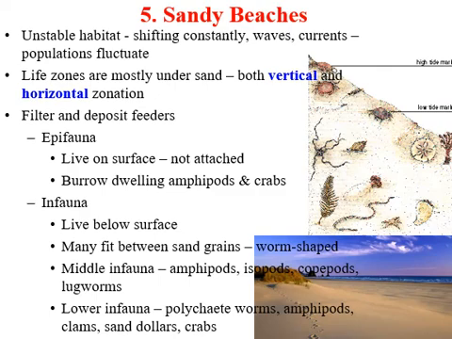There's crustaceans like amphipods and crabs. There's annelid worms, polychaetes. There's echinoderms like sand dollars, and there are other crustaceans, crabs, clams. People go to the sandy beach and dig for clams a lot of the time.